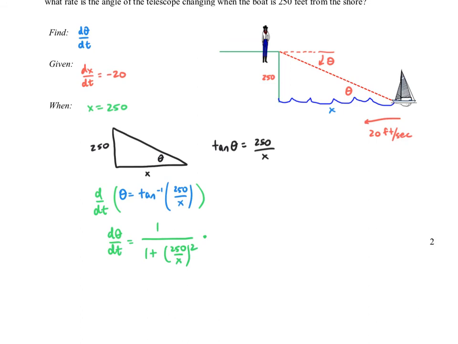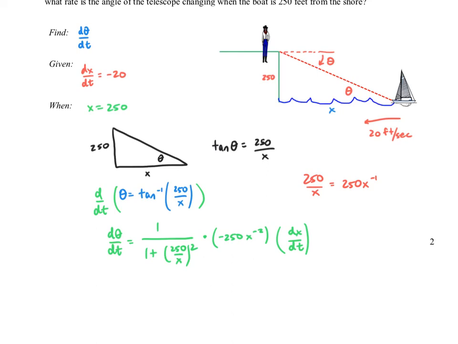Now remember, 250 divided by x is the same thing as 250 x to the negative first. So your derivative is going to be the power rule, where you bring down the negative and decrease the power by 1. Now don't forget, really easy to forget, that you need the rate that x changes based on time, since that's the variable of the differentiation.